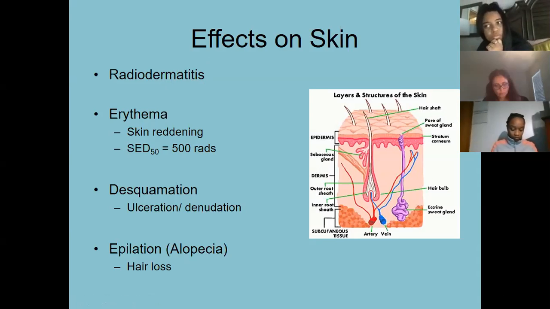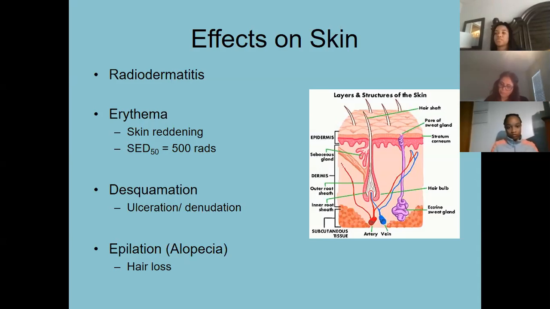So radiodermatitis can be caused by radiation exposure. Then we have erythema. Erythema is skin reddening. We think of it often like a sunburn. And skin reddening or erythema doesn't occur at low-level doses.